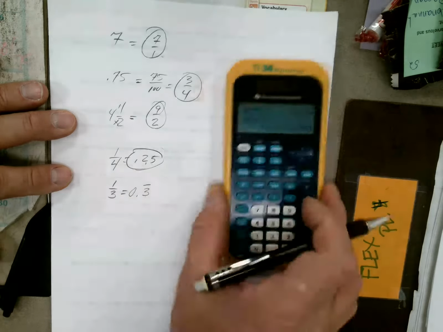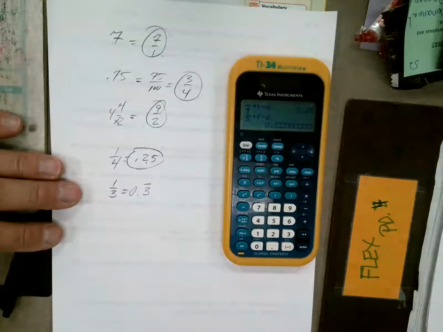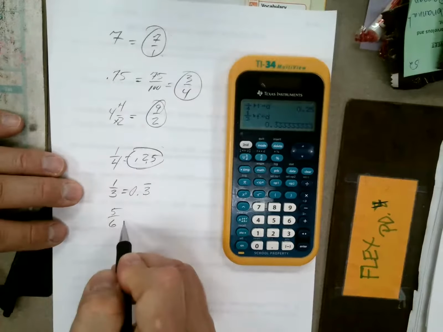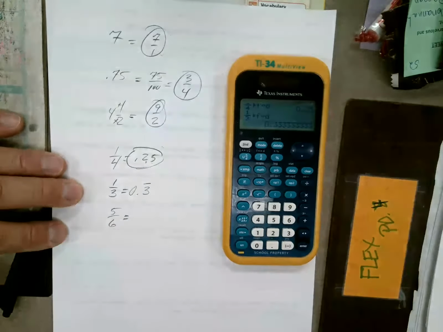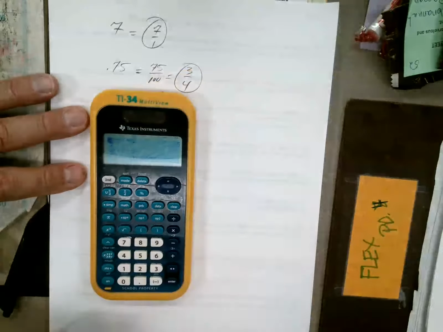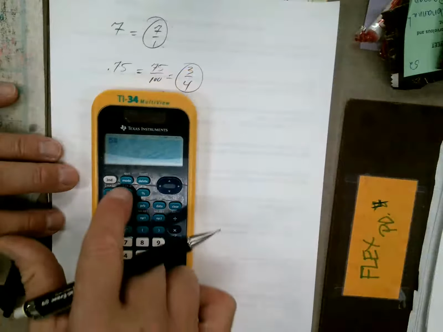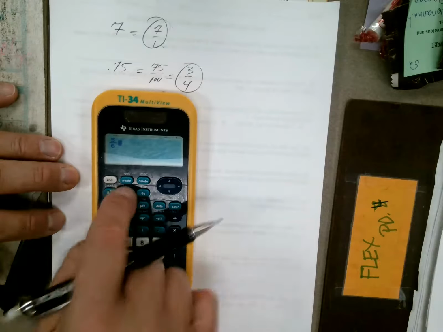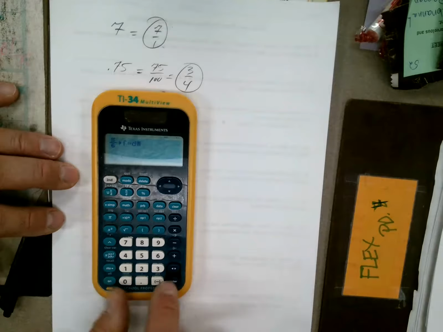Now, another repeating decimal that's also a rational number is 5/6. Let's plug 5/6 in and see how that's a little bit different than 1/3 as a repeater. So 5 n over d, 6. Let's go to the right, hit second n over d, and let's see what happens.